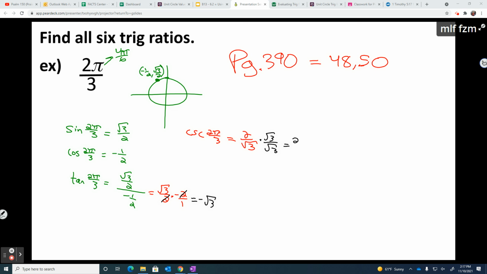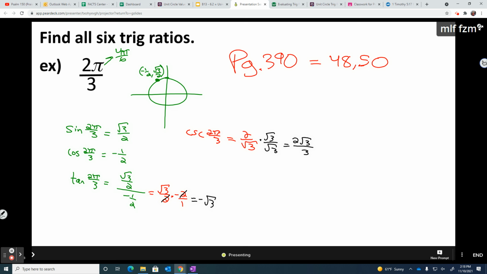And we get 2 radical 3 over 3. These 3s don't cancel, because the square root is there. This is the next step. I just flipped it to start. And then to get rid of that square root you multiply by radical 3.